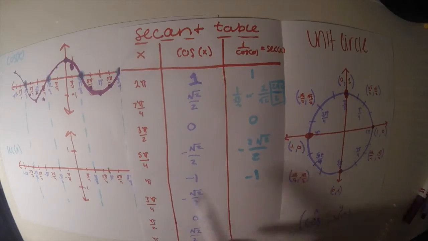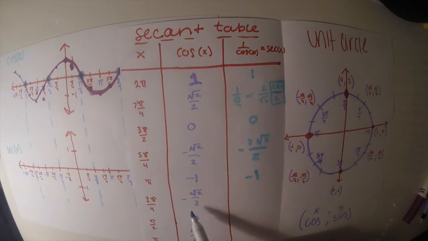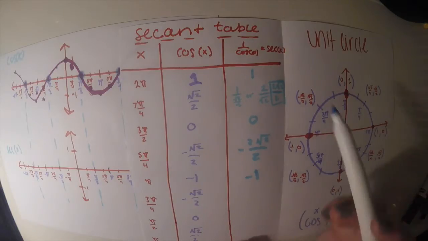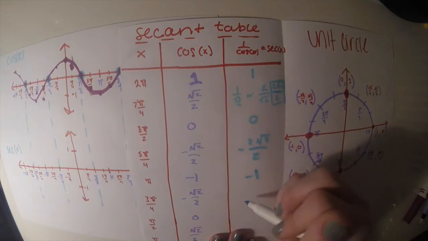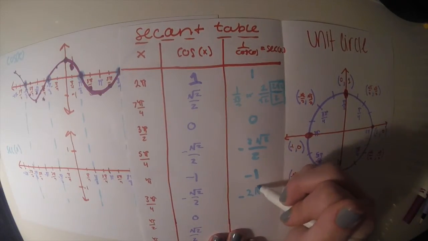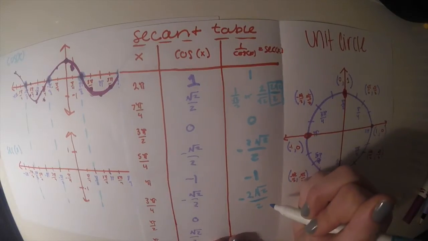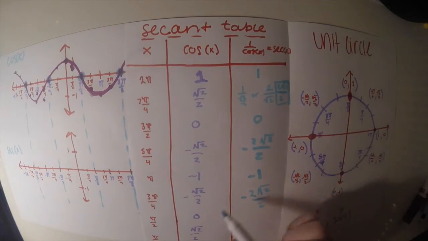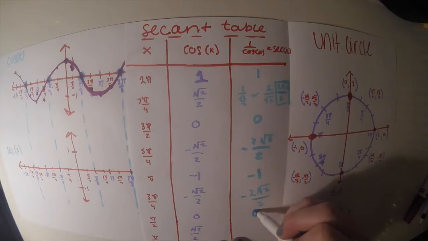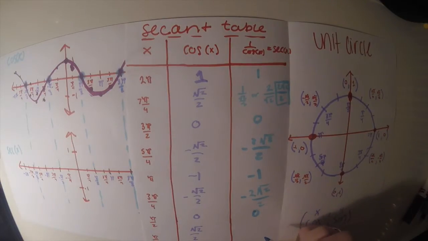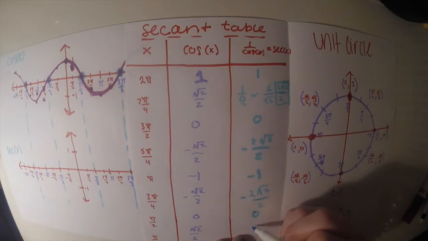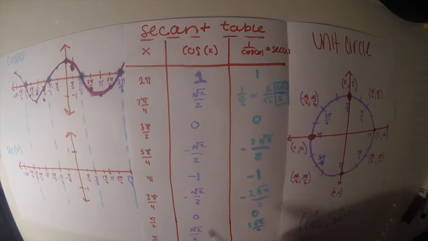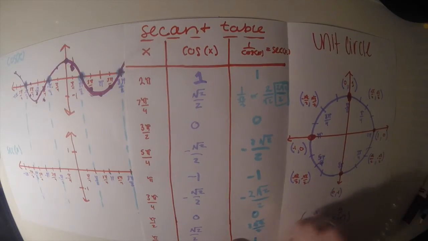The cosine of 3 pi over 4 is negative radical 2 over 2, so 1 over that is going to equal negative 2 radical 2 over 2. 1 over 0 again is an asymptote. And then 1 over radical 2 over 2 is going to equal 2 radical 2 over 2. And then 1 over 1 is going to equal 1.